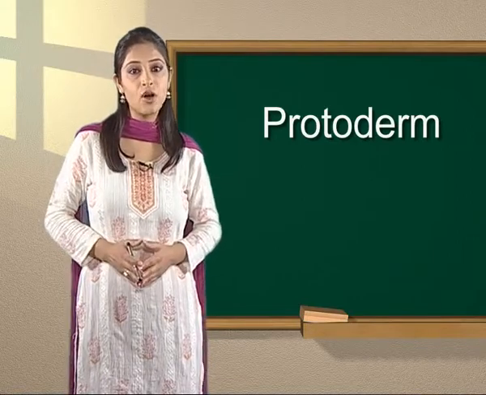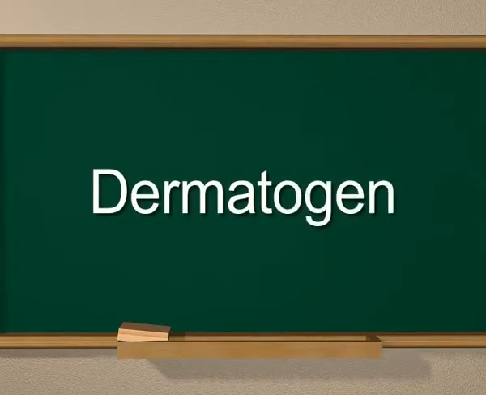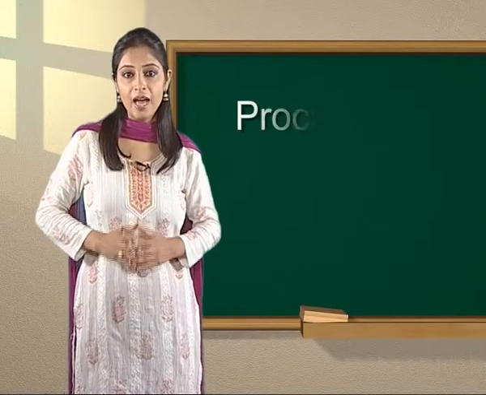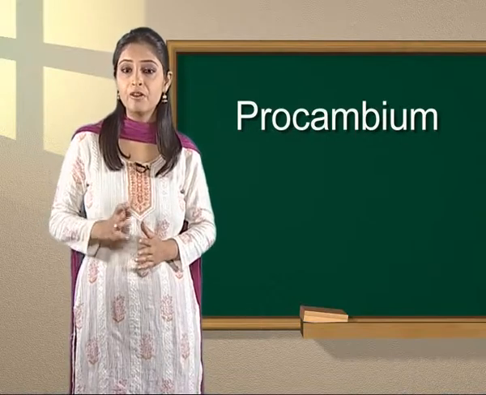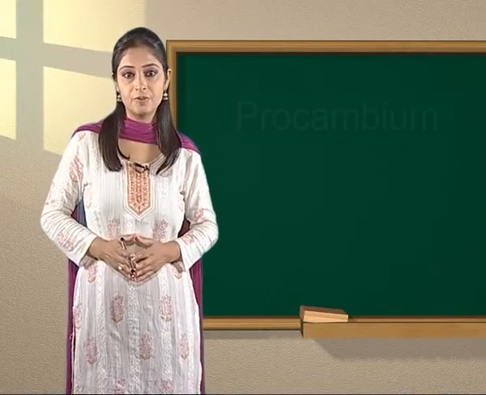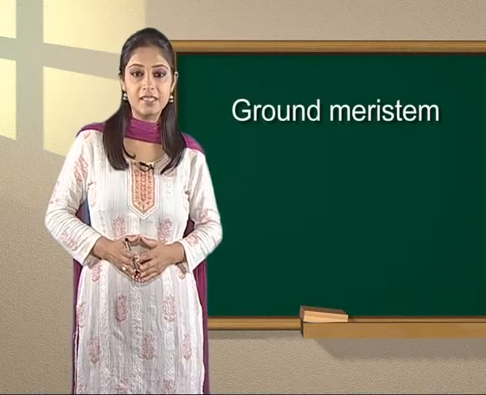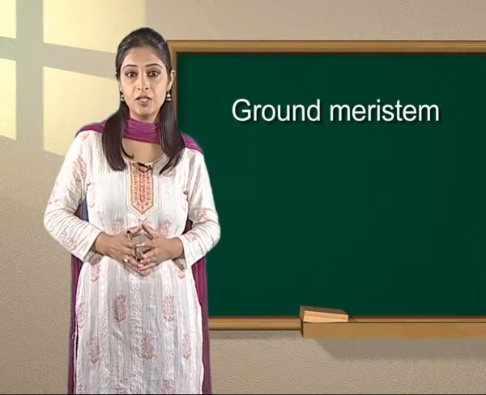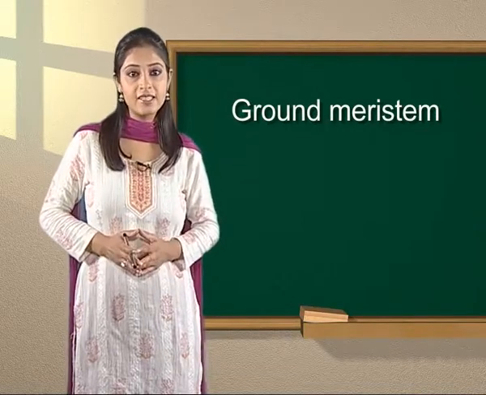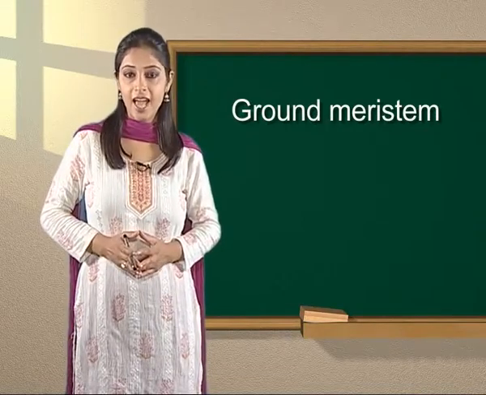It is also called as dermatogen. Procambium is the meristem which gives rise to the primary vascular tissue. Ground meristem is the meristem which gives rise to the ground tissue such as cortex, pericycle and pith.